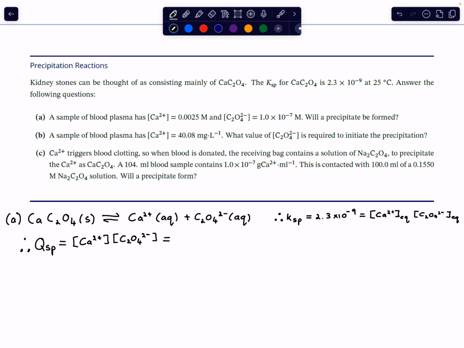And we are given that a blood sample contains these two different concentrations of those two species: 0.0025 molar calcium 2 plus and 1.0 times 10 to the negative 7 molar oxalate. If we multiply those two together, we get a value of 2.5 times 10 to the negative 10, which is indeed less than 2.3 times 10 to the negative 9, which is equal to KSP.